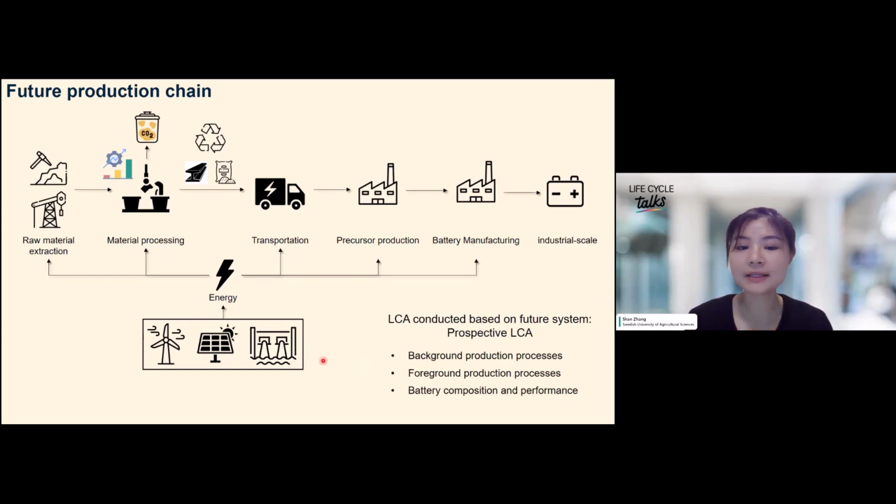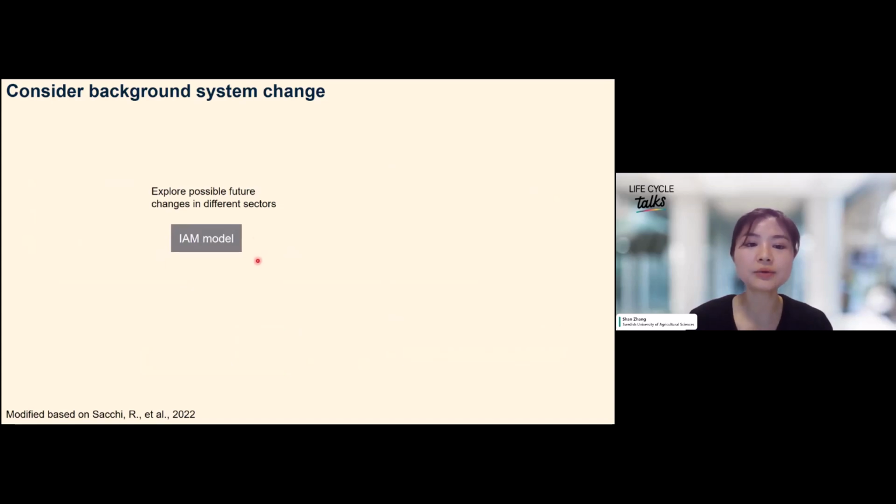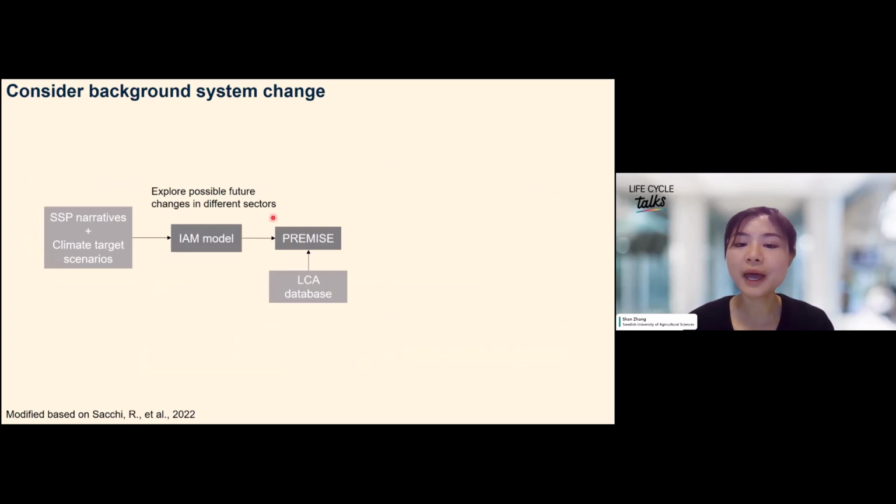Other LCA studies consider the changes using integrated assessment models, IAMs. IAMs explore possible future changes in different sectors under well-established scenarios, shared socio-economic pathways, and climate target scenarios. A Python package called Premise, developed by Sacchi and his colleagues, can be used to implement the IAM outcome to LCA.